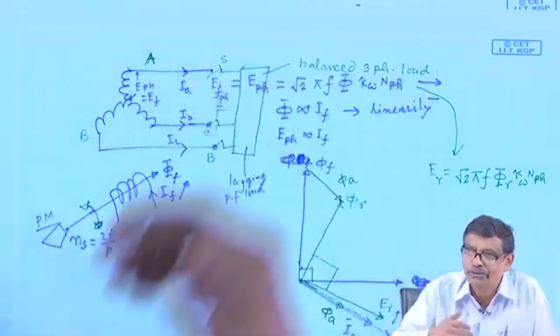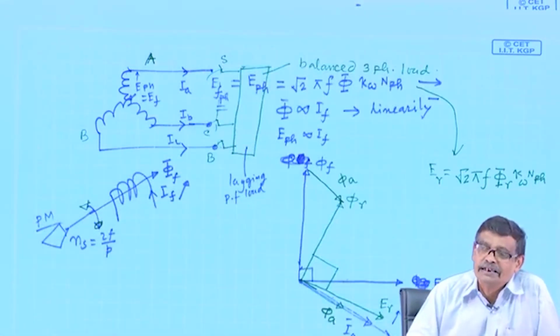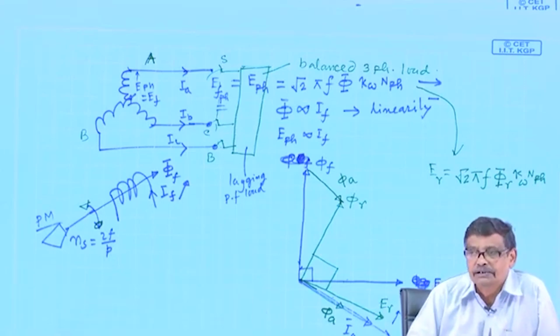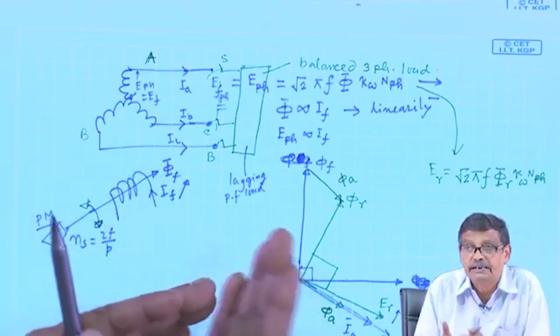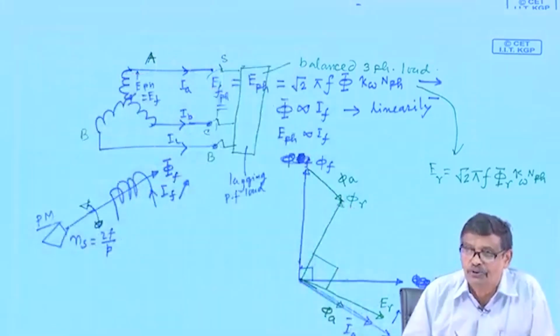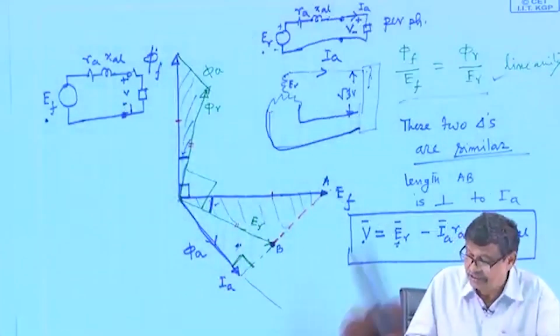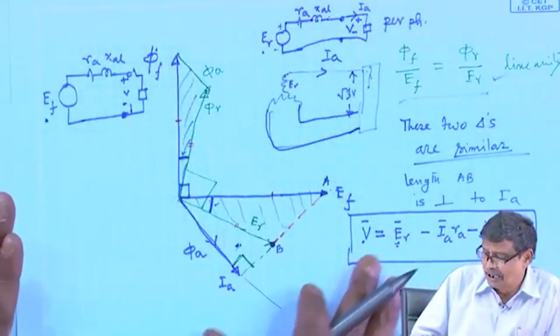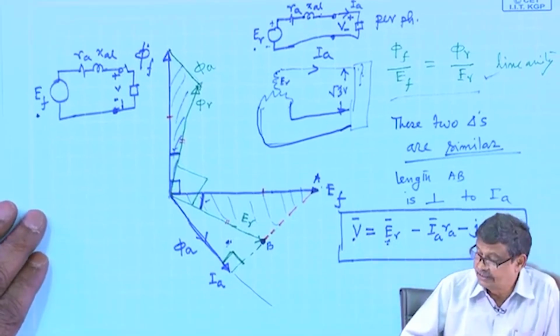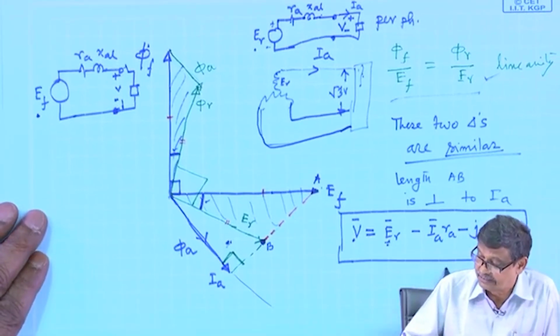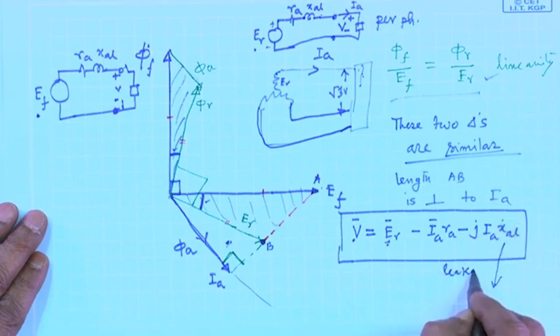Phi a will also have its say in determining the induced voltage. That is why better you add phi f and phi a, get phi r, that is the induced voltage. What I am telling is that one can live with this. Okay, every time calculate ER, minus IA RA, minus j IA XL. This XL is leakage reactance, leakage.